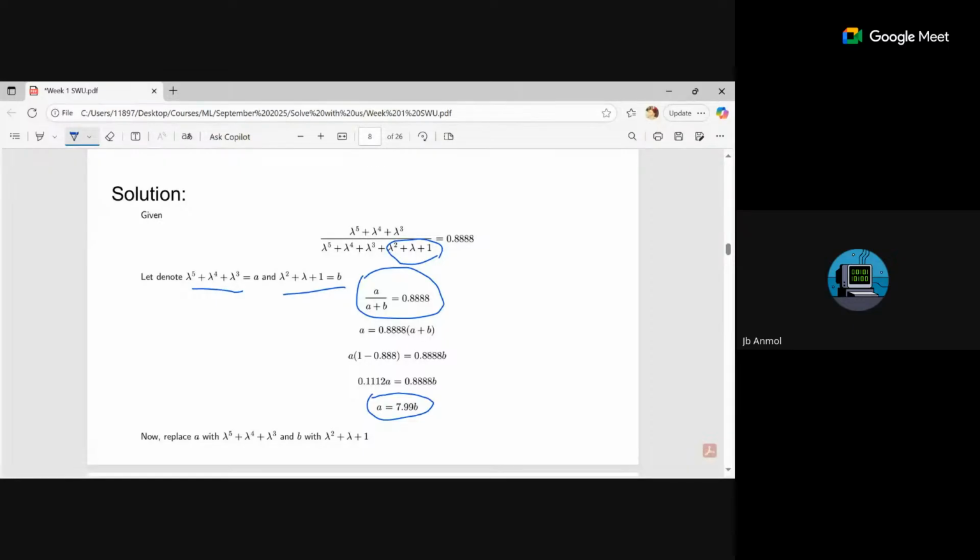Is that correct? What about total variance? You need to divide by that. Then the equation will be similar only.